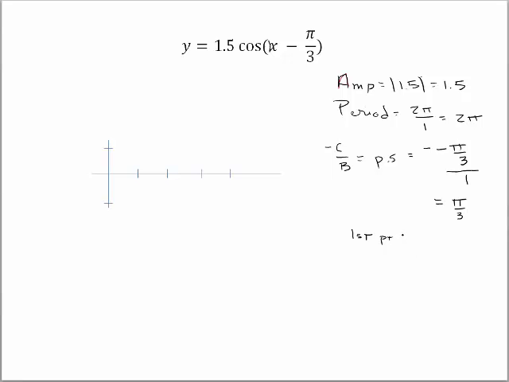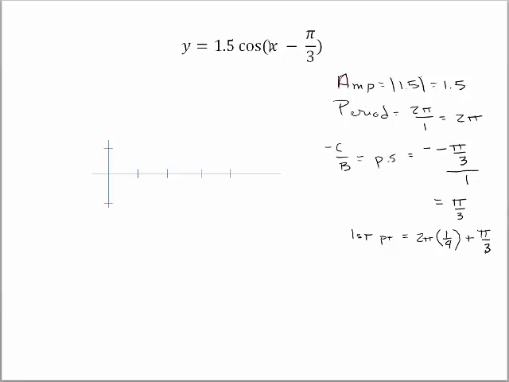And remember that it was the period, which is 2 pi, times 1/4, because we want the first quarter, we want the quarter distance to the end, 1/4, plus pi over 3.